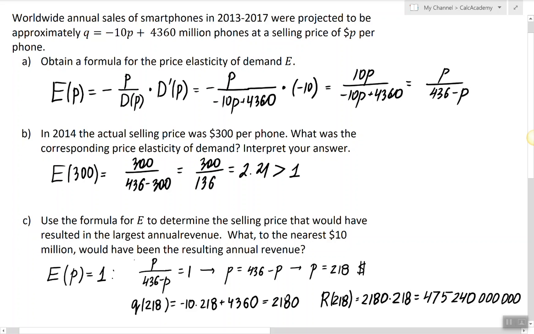So to round it to the nearest 10 million, we actually have it rounded to the nearest 10 million already. So the answer is the annual revenue is 475 trillion and 240 billion dollars.